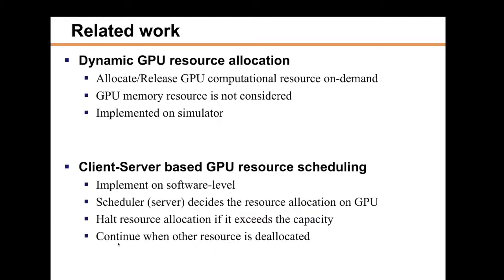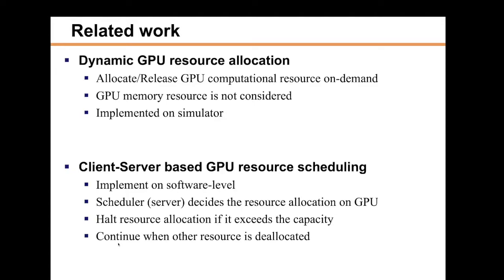There is already some research on this topic. In the case of dynamic GPU resource allocation, they dynamically allocate and release GPU computational resources. However, GPU memory resources are not considered yet. They were implemented on a simulator, so it will be a little different from an implementation on real hardware.